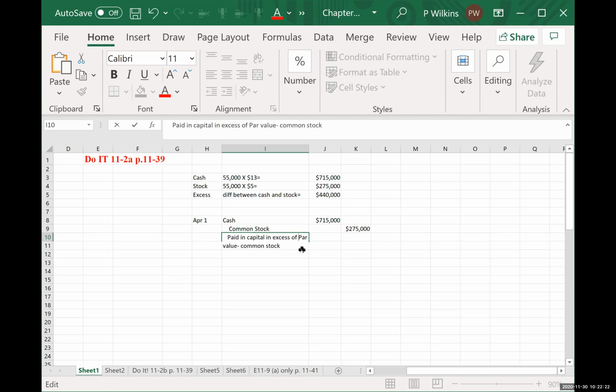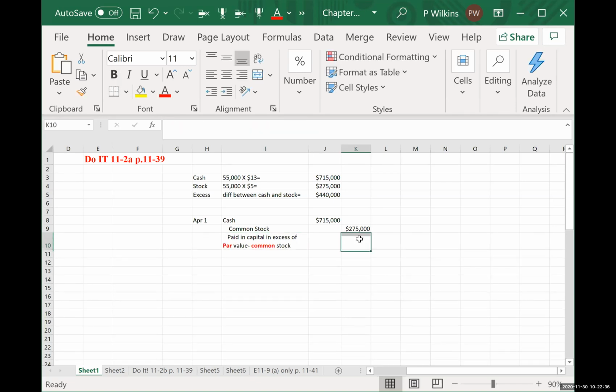Okay. So the two words that you really need to watch here are par, and then the type of stock. And this one is a common stock. Okay. Common stock, right? So we are going to credit that account for $440,000. Okay, so that is for that entry.